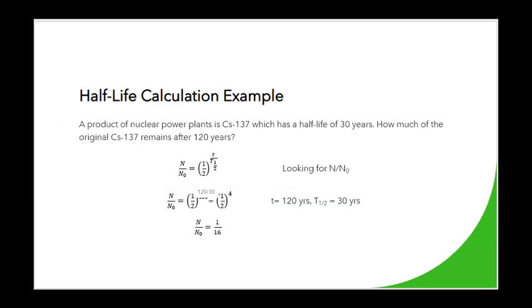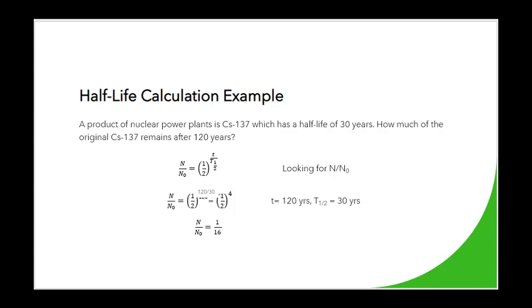All right, so here's an example of a half-life calculation. We have a waste product of a nuclear power plant, cesium-137, and it has a half-life of 30 years. And the question is how much of the original cesium-137 would remain after 120 years. So in this instance, we're looking for that fraction of N over N naught. And we have the amount of time, which is 120, and we have the half-life, which is 30.